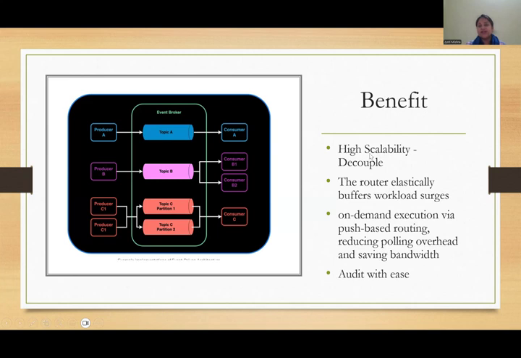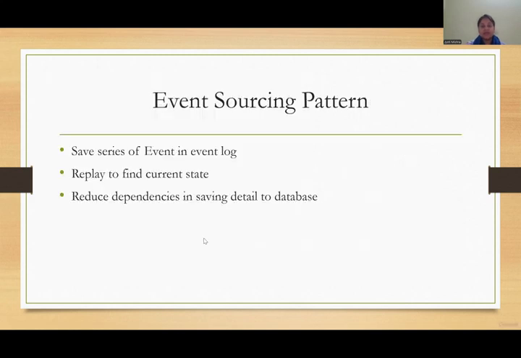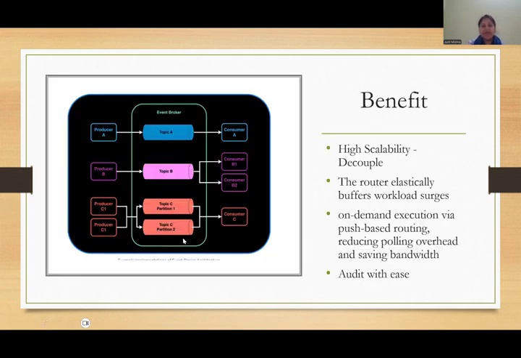So this helps us to make services decoupled, which enables us to scale or add any feature independently of each other. Your event broker acts as your router, and if there is a surge in the traffic, the consumer won't be impacted because this would be able to take care of it.